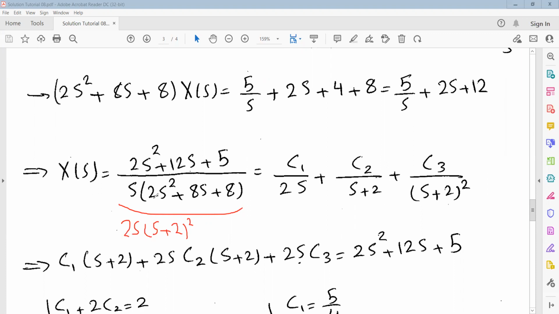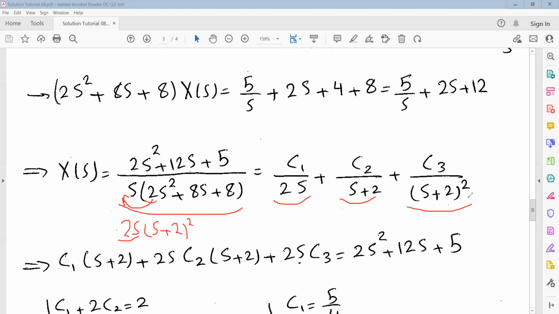If you factor this 2 out, it will be 2 multiplied by s, times s plus 2 squared. So you can write the subfractions in this form: c1 divided by 2s for this term, c2 divided by s plus 2, and finally c3 divided by s plus 2 squared.